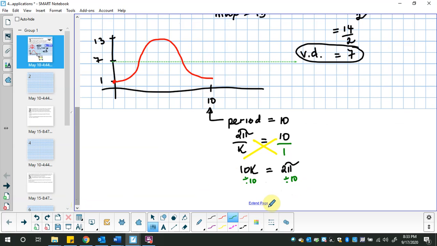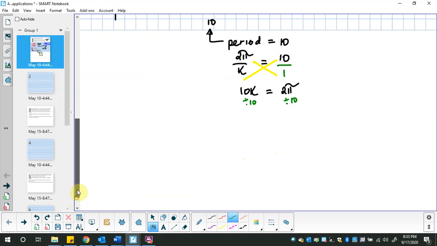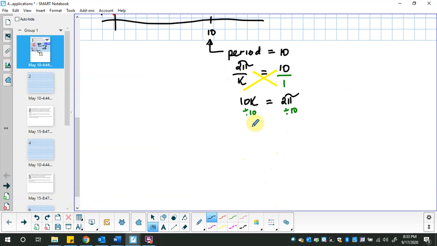And I know every math teacher on the face of the earth tells you that you have to reduce all your fractions, but I'm leaving my k as 2 pi over 10. Now if you want to, you can divide by 2 on both levels and get pi over 5, but I don't think this is horribly useful, because what I do want you to know is that if somebody gives you how long something is taking for a wavelength, you can just dump it into the bottom.